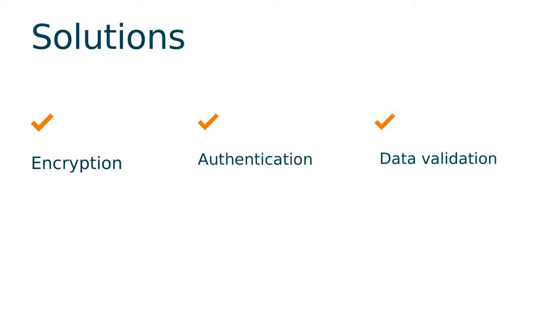There are others, but these are the basic ones that you most definitely should implement. The first is encryption, the second is authentication, and the third is data validation. In no particular order, but you would want to make sure your data is encrypted, you are implementing some kind of authentication, and you can validate your input data.